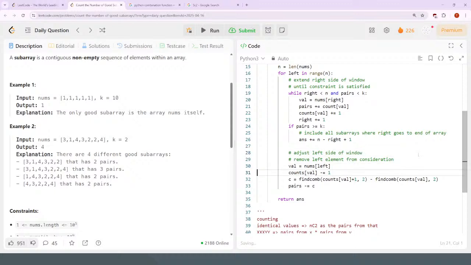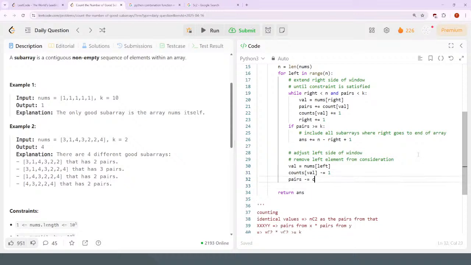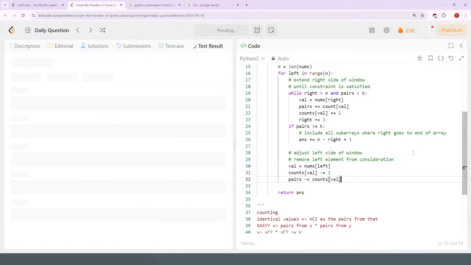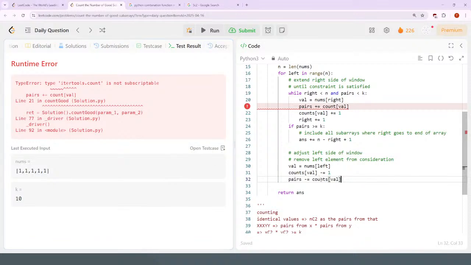Okay, and then here, before or after you decrement it? After you decrement it is the subtraction. Okay. Counts, not count.